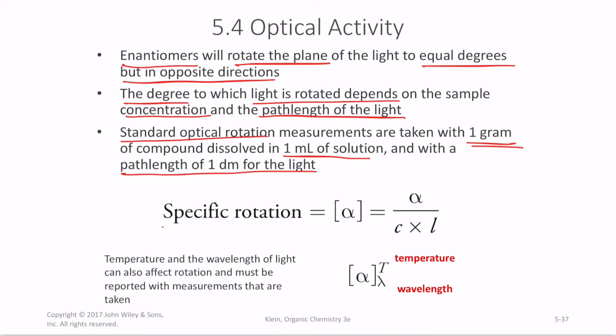This is given by specific rotation equal to alpha divided by c times l. We represent this as alpha in brackets, with the temperature on the top and the wavelength on the bottom. Let's see a problem and how we can calculate the specific rotation for any given molecule.